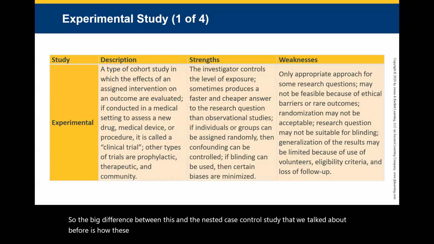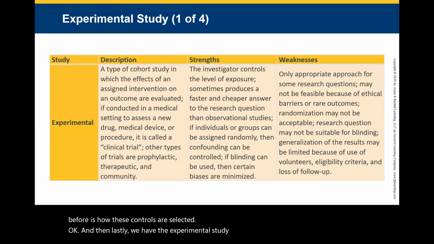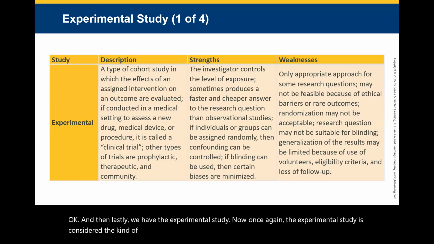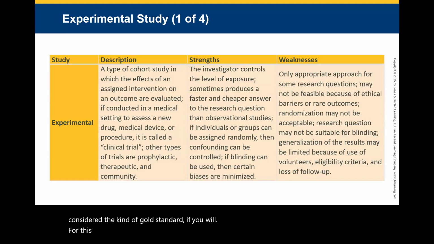And then lastly, we have the experimental study. Once again, the experimental study is considered the gold standard, if you will. For this, we have to have a control group and an experimental group. We always have an intervention.